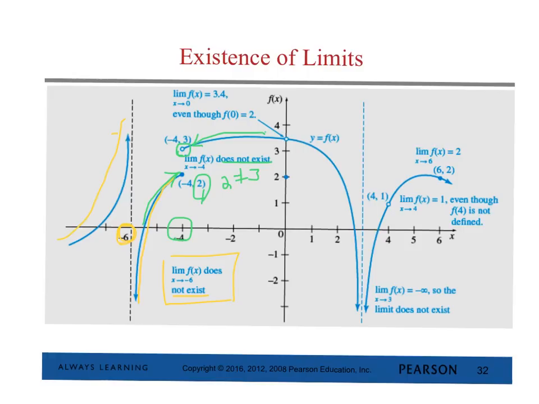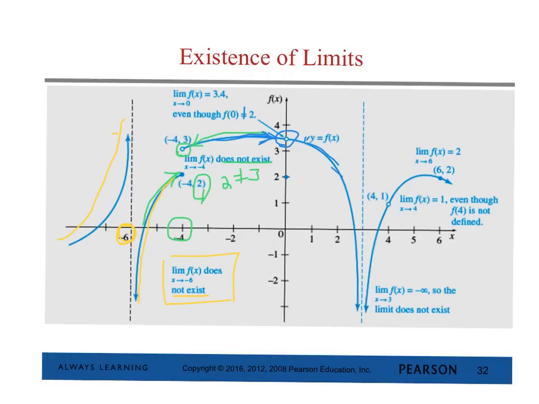However, even though f of 0 really doesn't equal 2, because we have a hole in the function there, the limit as x approaches 0 is about 3.4, because as we approach from the right and as we approach from the left, those limits are the same, about 3.4.